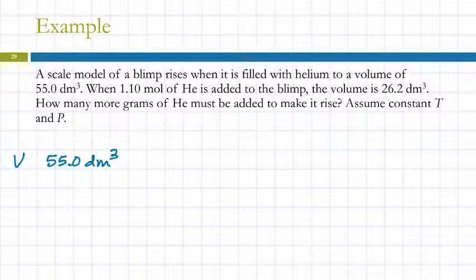When 1.1 mole of helium is added to the blimp, the volume is 26.2. So 1.1 and 26.2 go together. The other volume I'm given is 26.2 cubic decimeters, and that goes with 1.10 moles.